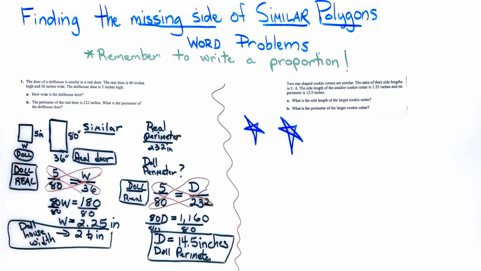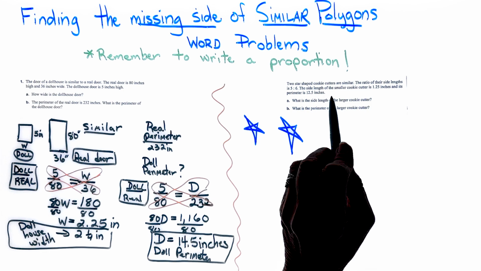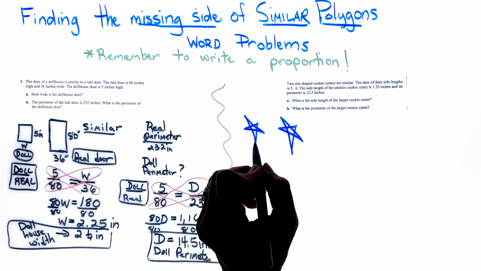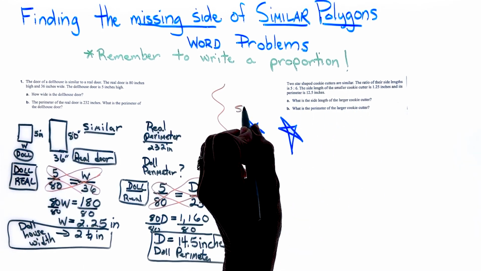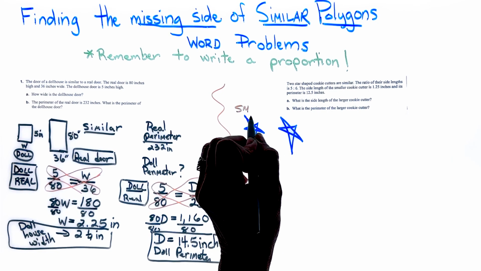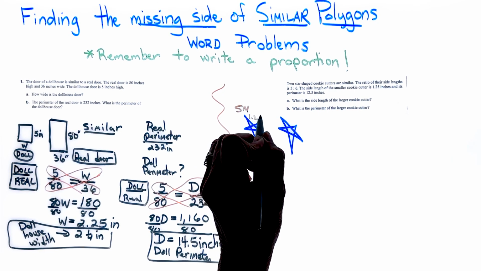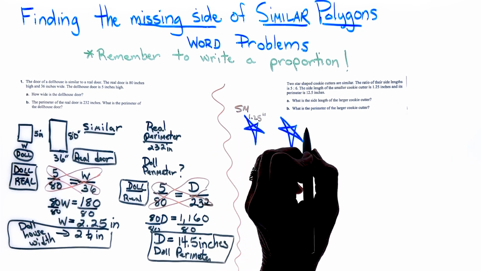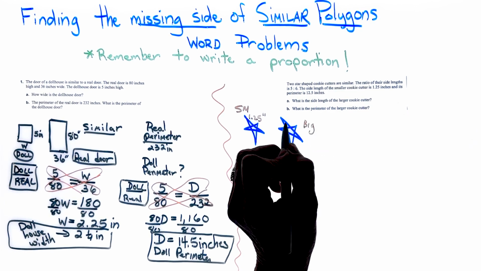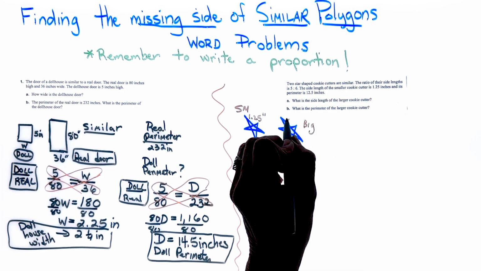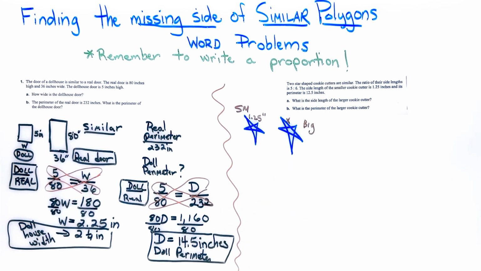So now when I'm looking at labeling my parts, I see that they said in the information the side length of the smaller cookie cutter, which is my smaller one, I'm labeling it small, the side length is 1.25 inches. And this is our bigger one, and we're trying to find what is this side length.